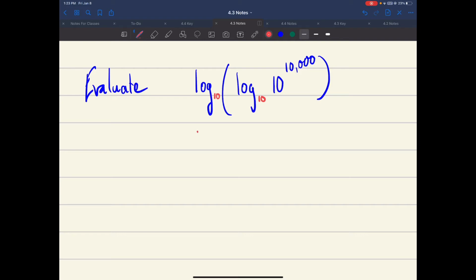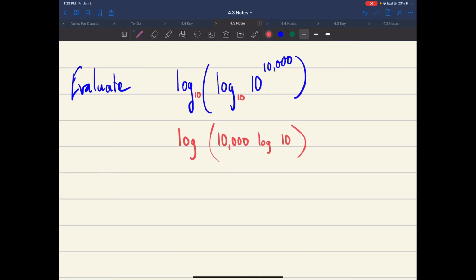I'm not going to write that 10 over and over again. Inside, I can bring the 10,000 to the front. So it's log of 10,000 times log of 10. And log base 10 of 10, if the bases match, it's always 1. So this is really just log of 10,000.